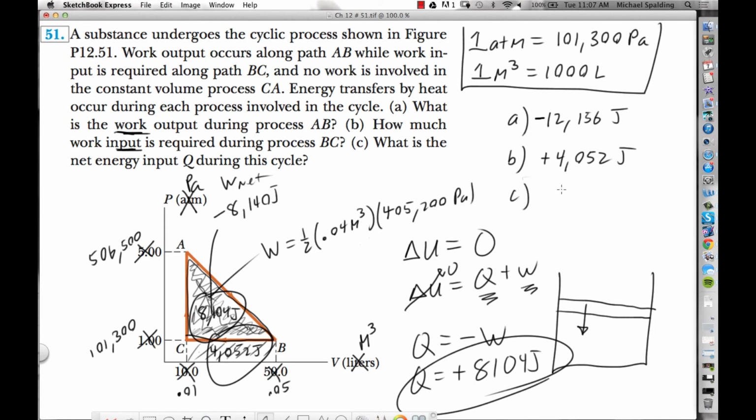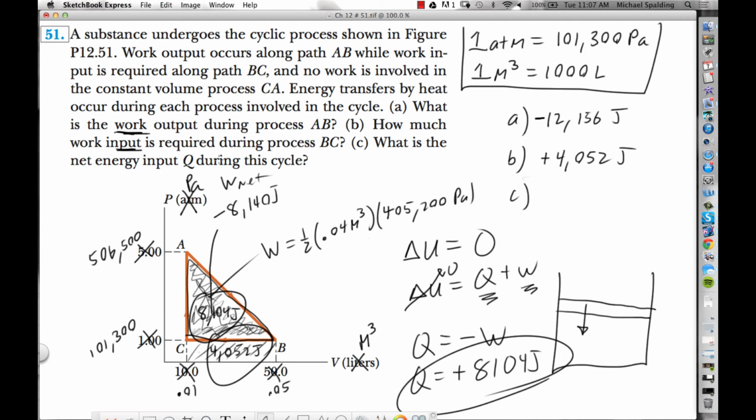In this graph here, there's two steps that are doing work. The two steps doing work are A to B and B to C. A to B is negative work. B to C is positive work. So how come for C, a letter C, you do only what's inside the triangle?